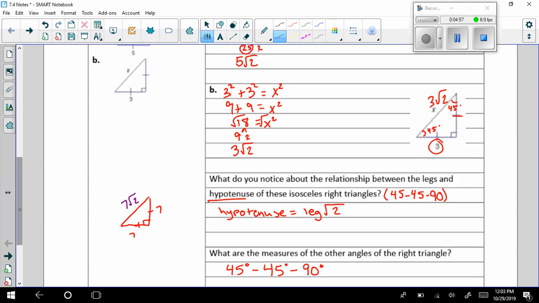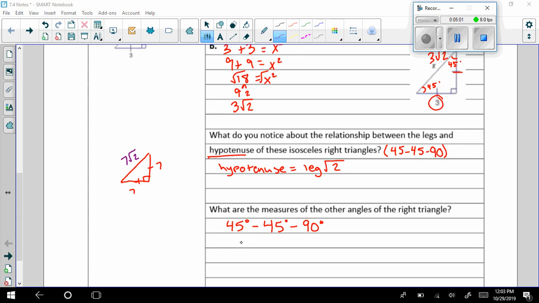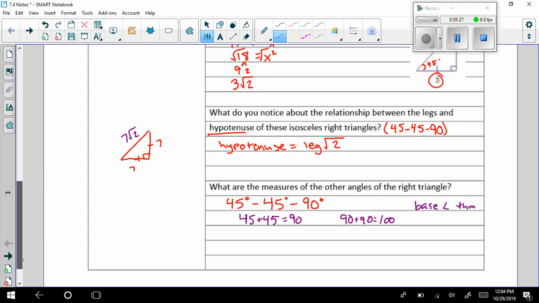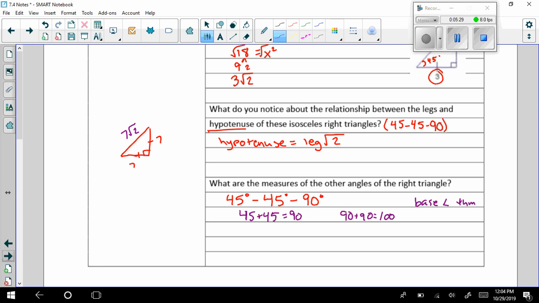Now, as you can see up here, doing the Pythagorean theorem will get you the same answer. The reason we know they're both 45 is that 45 plus 45 is equal to 90, and 90 plus 90 will equal 180. We know they're both the same because of the base angle theorem. So because it's isosceles, we know that they're both the same.